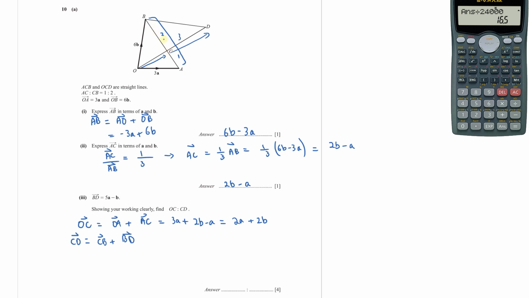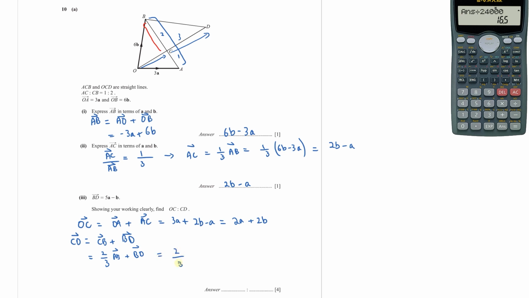CB is 2 over 3 of this full vector AB. If this full vector AB is 3, then CB is 2 over 3, similar to how we calculated AC, which is 1 over 3. So we can write CD as 2 by 3 AB plus BD.